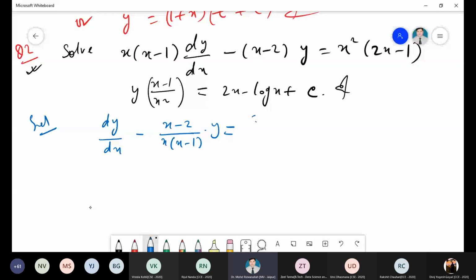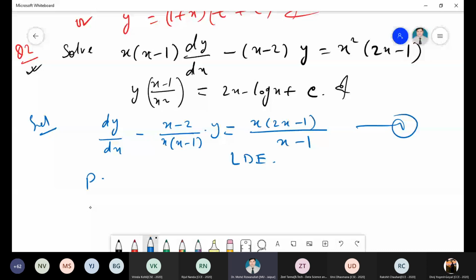When you divide by x, this will be x into (2x minus 1) upon (x minus 1), right? So this is equation 1, where p is this part and q is this part. So this is a linear differential equation.